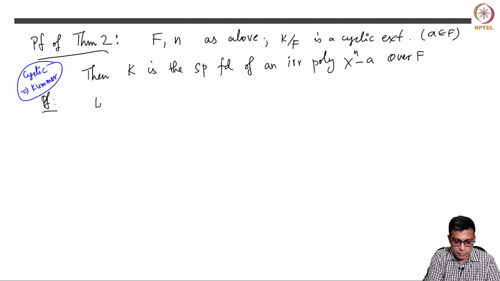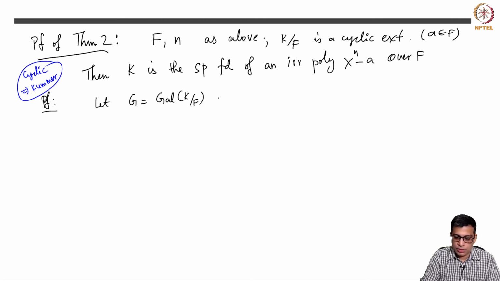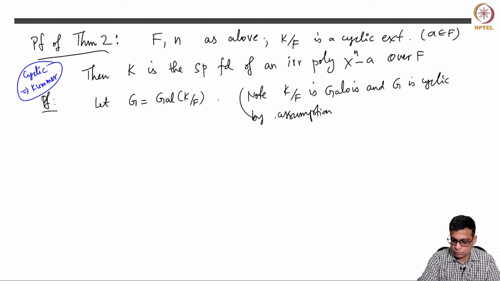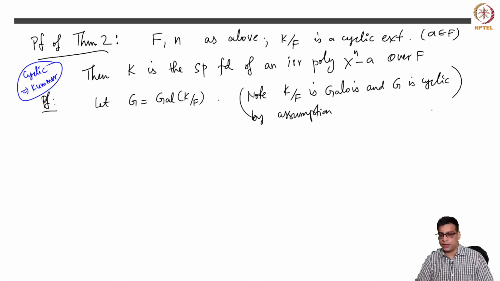So let G be the Galois group. So note that K over F is Galois by assumption and G is cyclic. So that is the assumption that it is a cyclic extension.